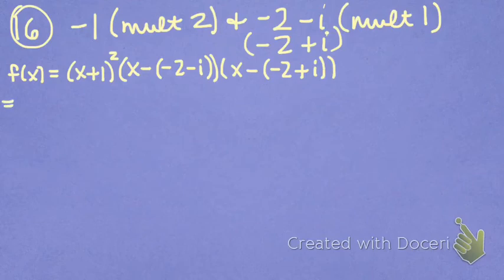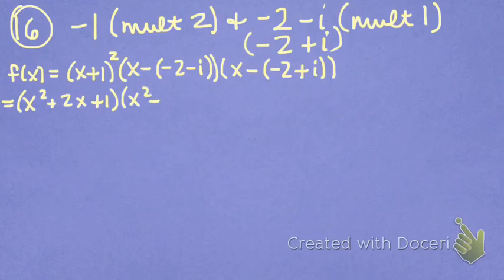Again, I take care of the like stuff together. So x plus 1 squared, again using that pattern, is x squared plus 2x plus 1. And then we'll FOIL this pair and get x squared, and then our outer product will be minus negative 2 plus i x.